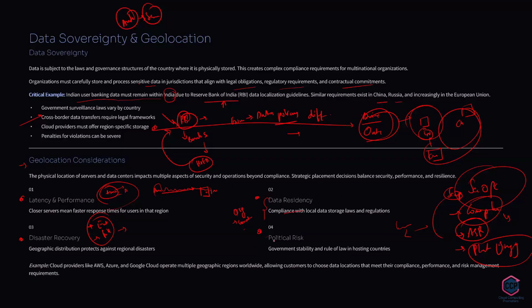Political risk, in the sense that if there are differences between two countries, A country and B country, what would have happened? There would be political differences.